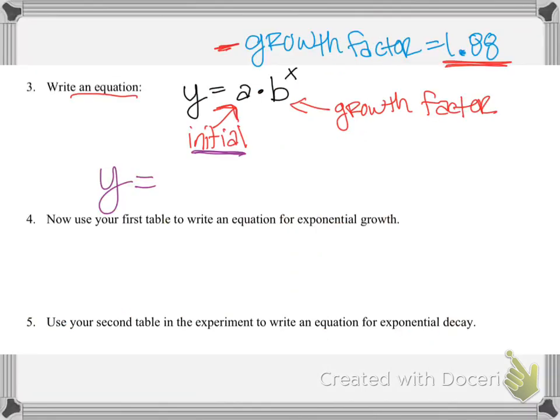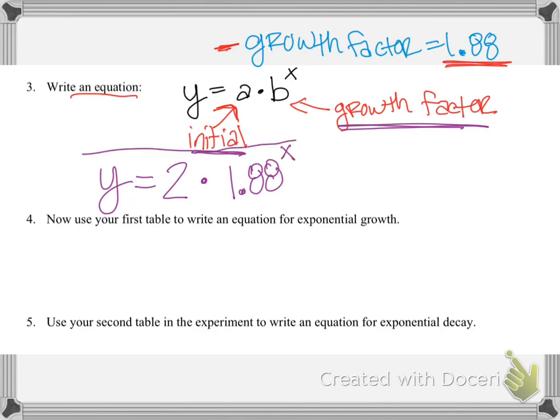So I'm going to write y equals 2 as my a. My growth factor is what I figured out, 1.88. So 2 times 1.88 to the x power. This is my equation for the exponential growth of my trial.